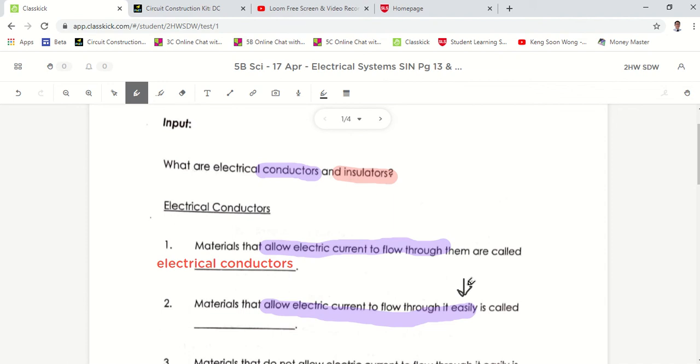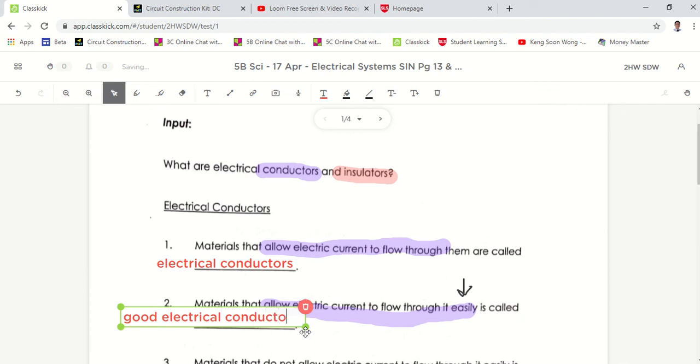Those that allow it to pass through easily are what we call good electrical conductors, so the word good is in front. That's why I put in the word good in front of them. Of course, there are those that are not that good.